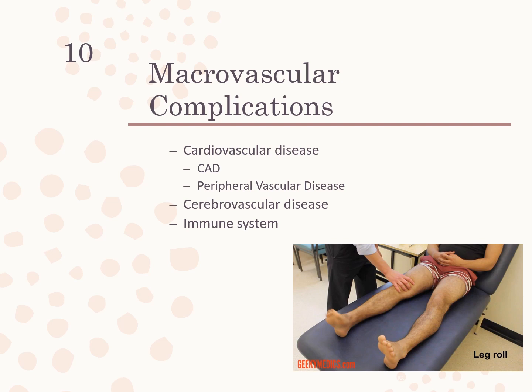I found a picture here of somebody with his legs. Patients are also at risk for cerebrovascular disease, such as TIAs, those transient ischemic attacks, and hopefully not, but they can get strokes. And the immune system is going to be on the lower end and not as responsive to infections, and that's because of the high blood sugar.